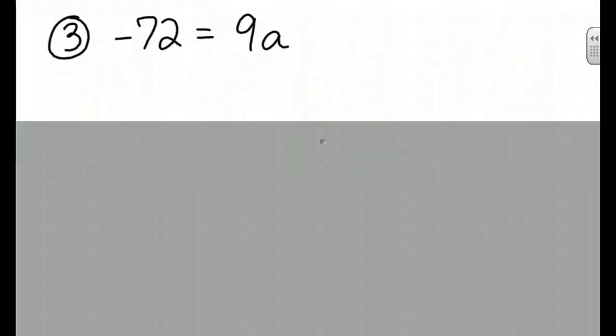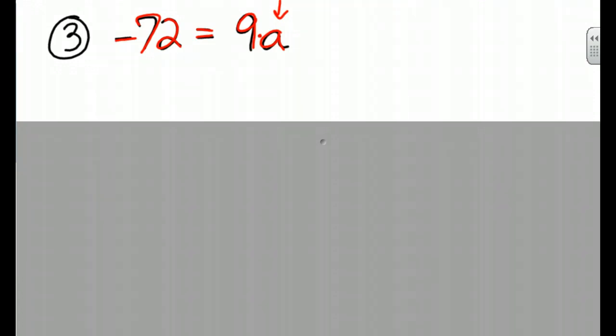Okay, so example number 3, we have negative 72 equals 9a. For negative 72 equals 9a, remember we want to get this variable a all by itself. So we want to undo whatever operation is going on between 9 and a by doing the opposite.